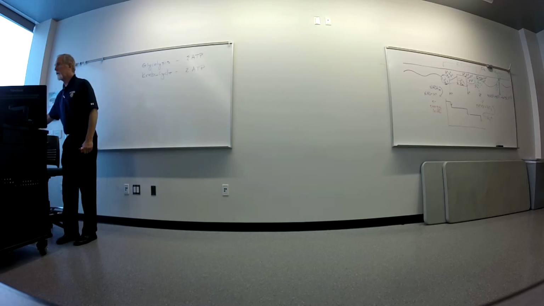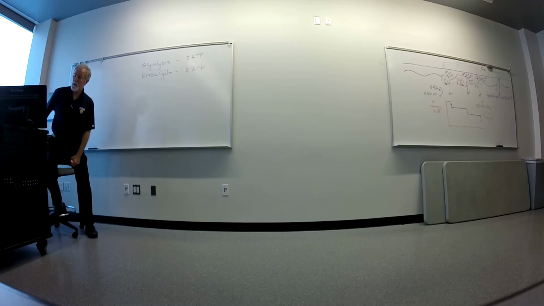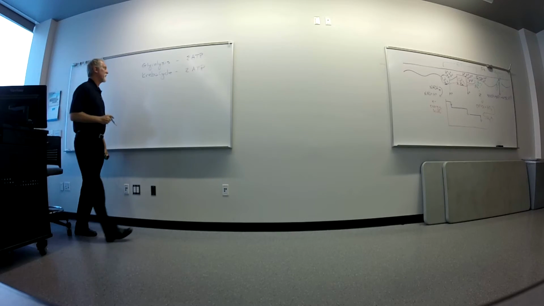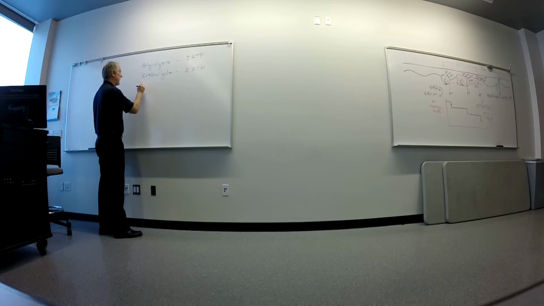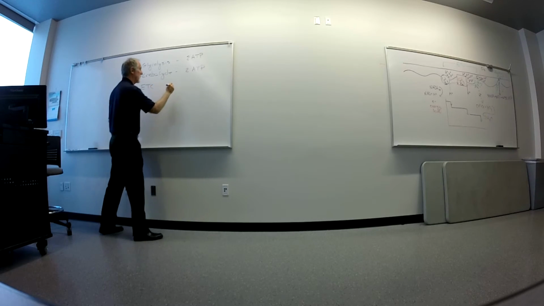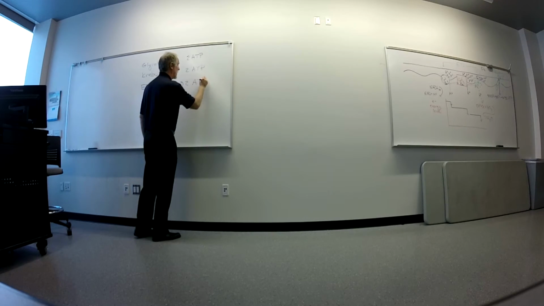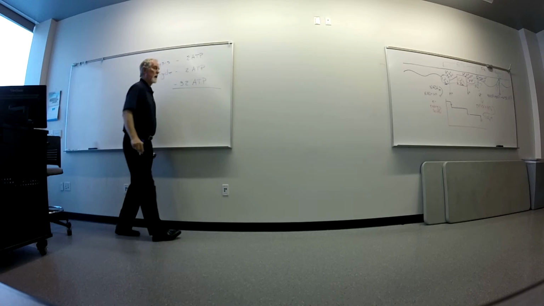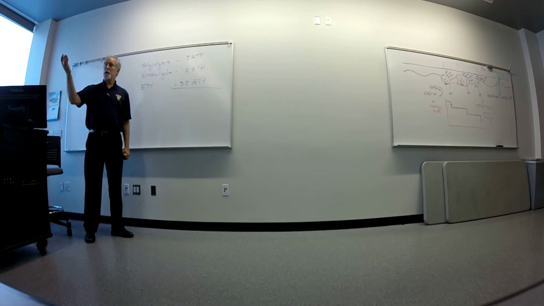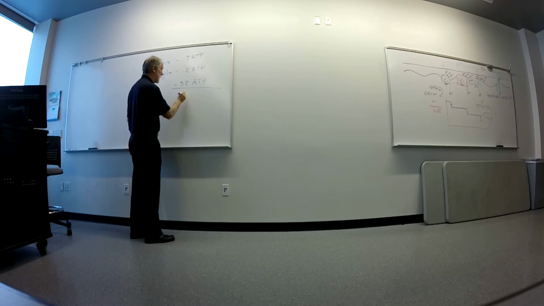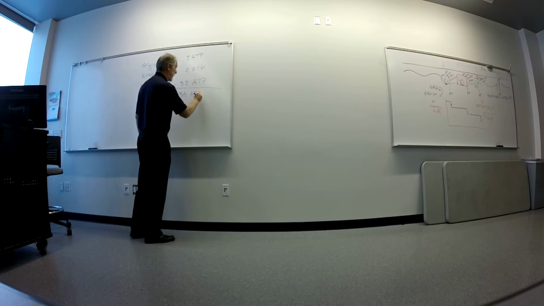Now here's a tough one. Let's see if you guys can get this. Miss Lily, how many molecules of ATP are produced as a result of the electron transport chain? 32. Very good. So you guys will tell me that the net number of molecules of ATP produced is 36.